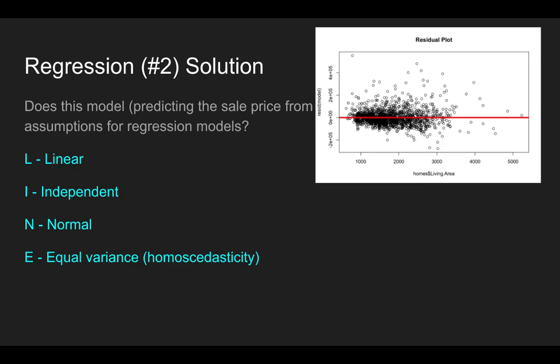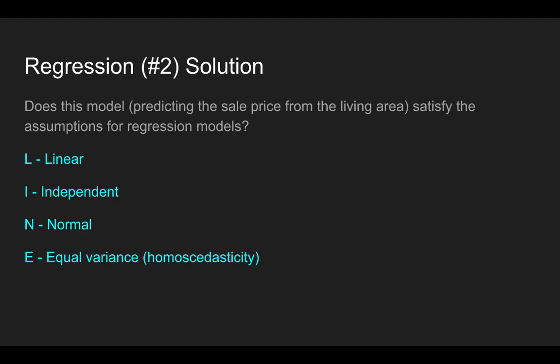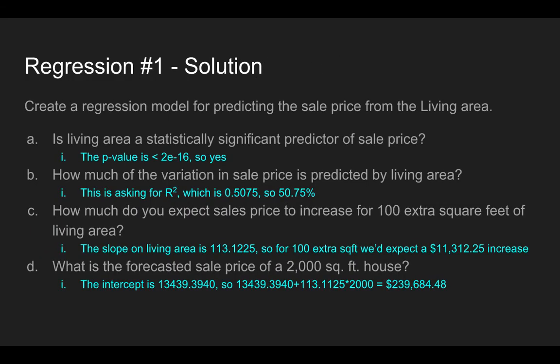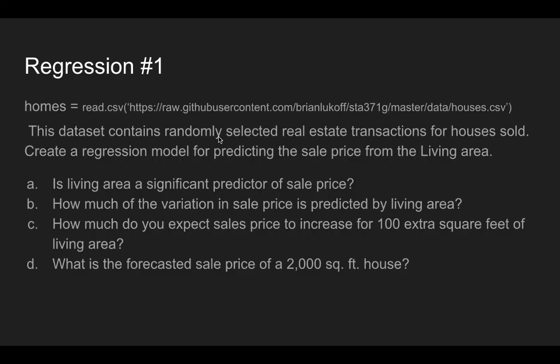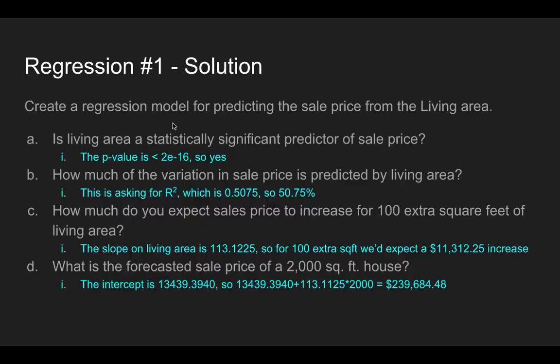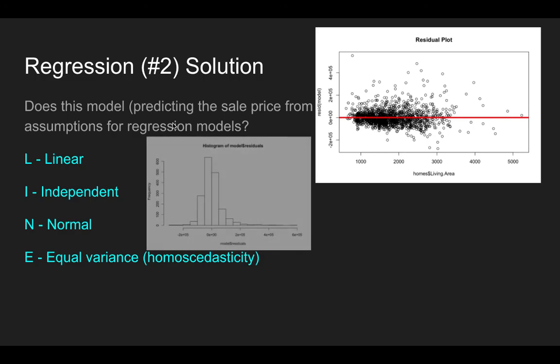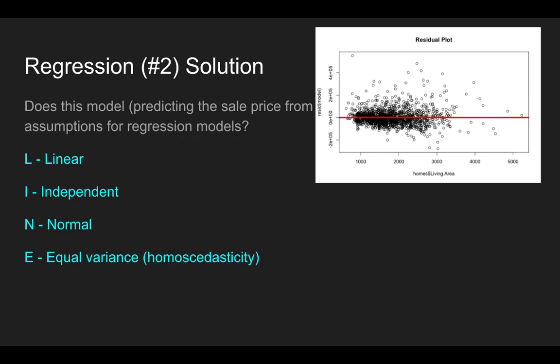If so, they're probably independent. But unless you are told so in the prompt, or unless it's time series data where you can check it, we don't know that. And actually, I did tease in the prompt that these are randomly selected. So independence, we're good.